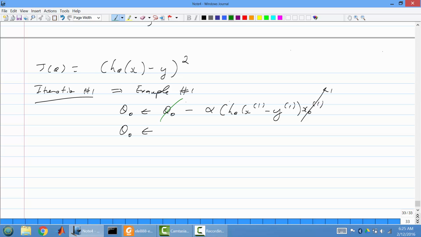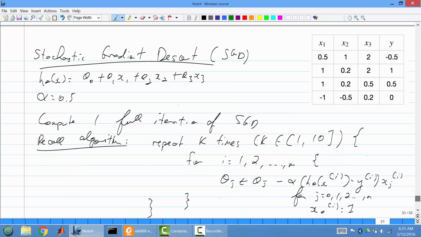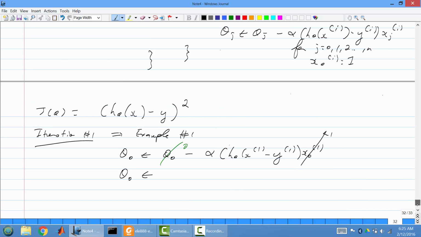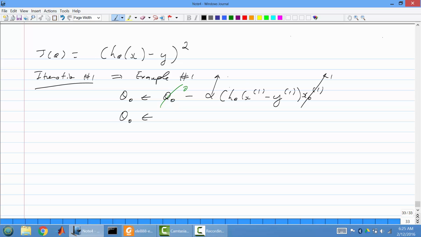This was equal to 0 because those are our initial parameters, right? So alpha is 0.5, and I need to mention that we initialize the parameters to be all 0. Our hypothesis was a sum of 3 features that are weighted by the parameters theta, and these are all zeros because we initialized them all to be zeros.